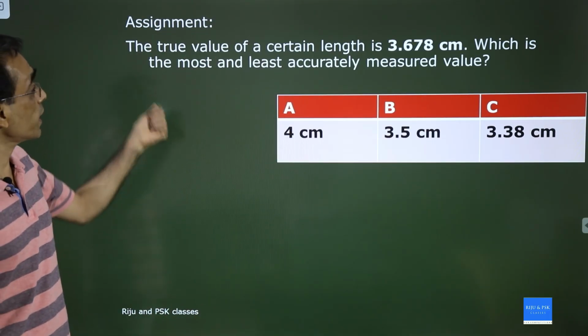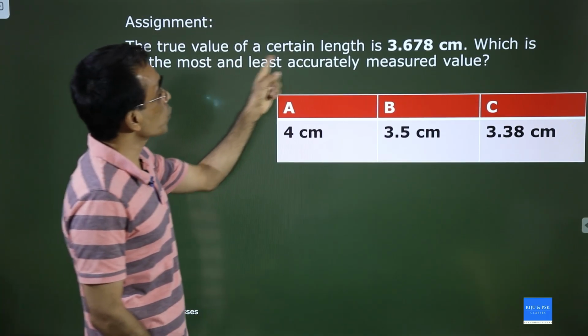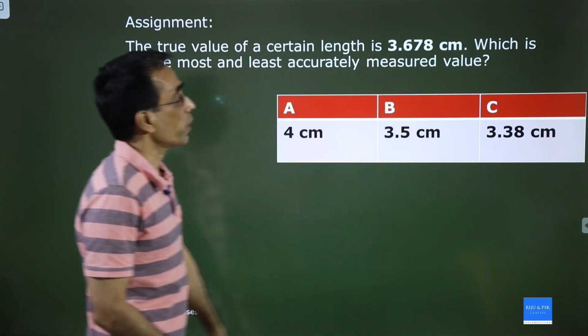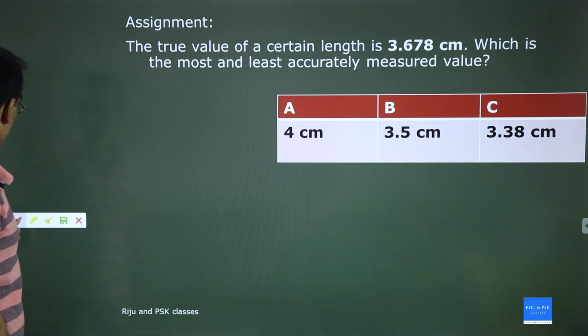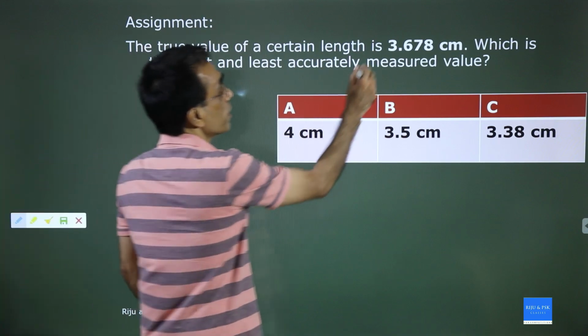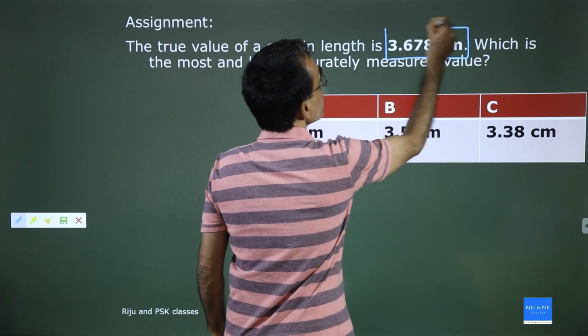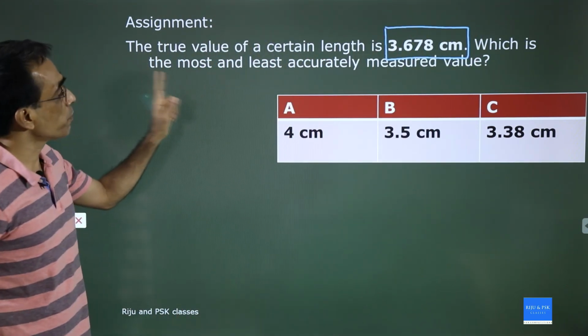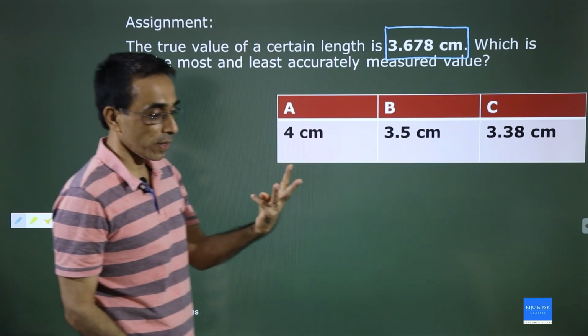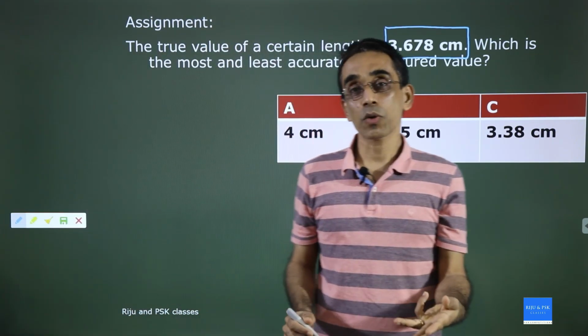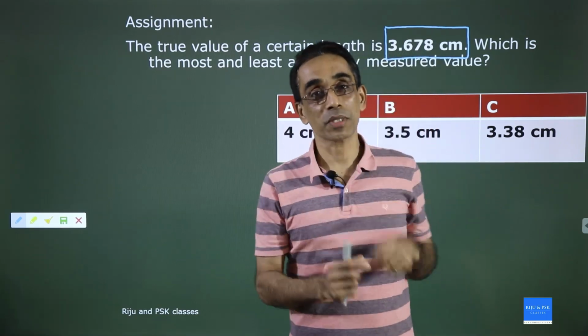The true value of a quantity is given as 3.678 centimeter. Which is the most and least accurately measured value? Out of the 3 values, which is the most accurately measured and which is the least accurately measured?